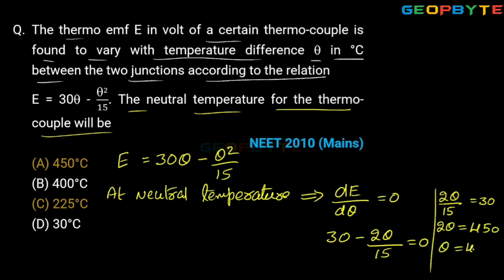Theta equals 450 divided by 2, equal to 225 degrees centigrade. That is the temperature difference at the neutral, that is the neutral temperature. Option C is absolutely correct. 225 degrees centigrade. Understood clearly?